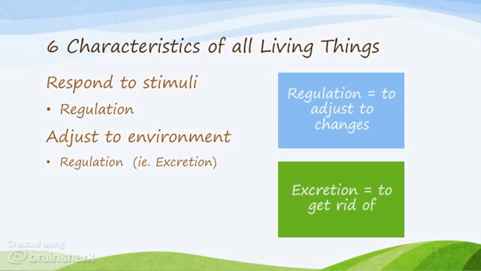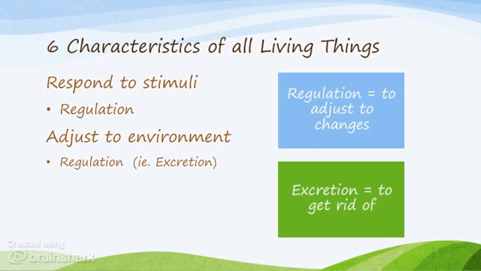And you will put regulation on the STRIRENGS spider. Regulation referring to adjusting to changes. So that might mean your pupils dilating when the lights go out. You have responded to the stimulus of the light going out. Your body has regulated the size of your pupil.